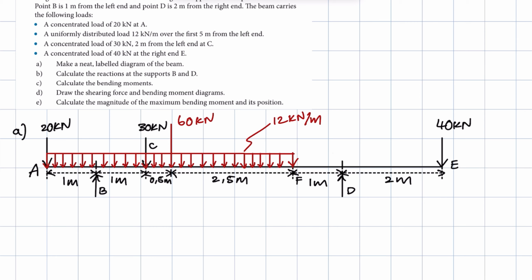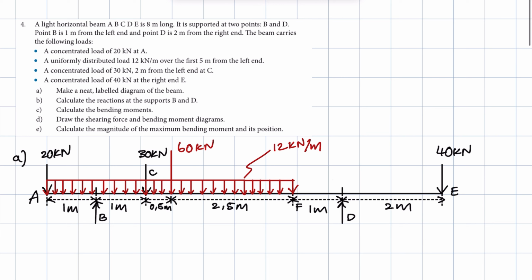Now, if you have a UDL in kilonewtons per meter, we have to resolve the UDL to its weight. How do we go about doing that? In this case the UDL is 12 kilonewtons per meter, so we multiply this by the span of the UDL.